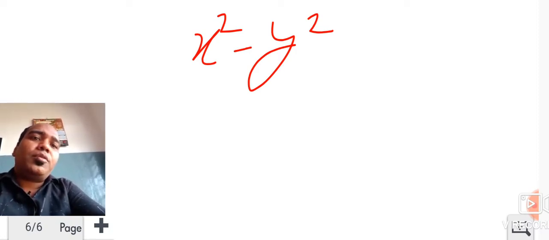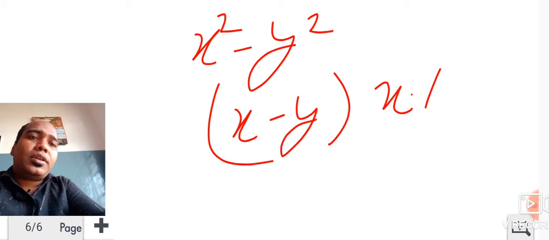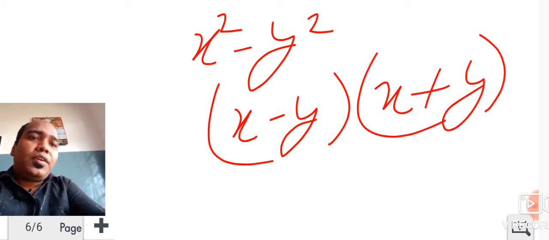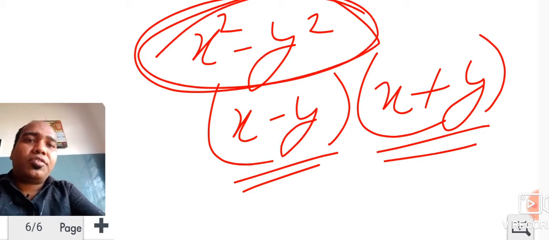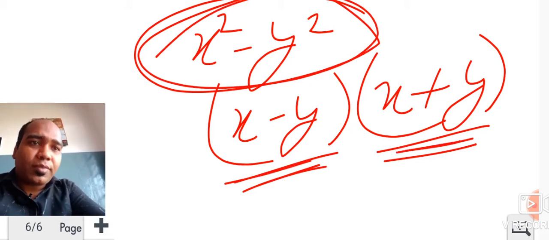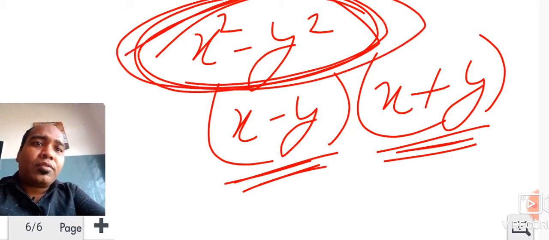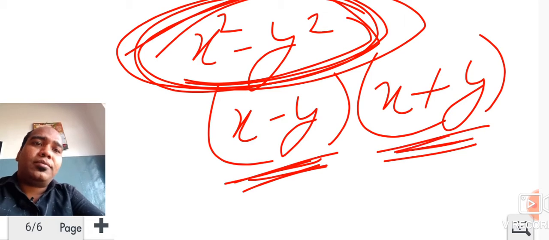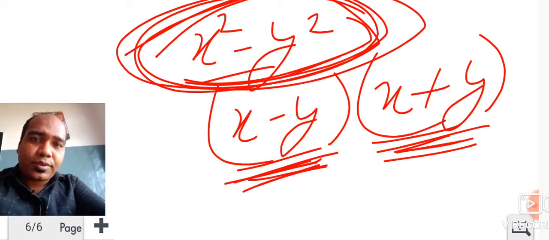So what do we know, the formula? x square minus y square is x minus y into x plus y. If we multiply both of these, then we will get x square minus y square. So x minus y into x plus y is the product of x square minus y square, so it is being factorized. Although we write it as a formula, it is the factorization of x square minus y square.